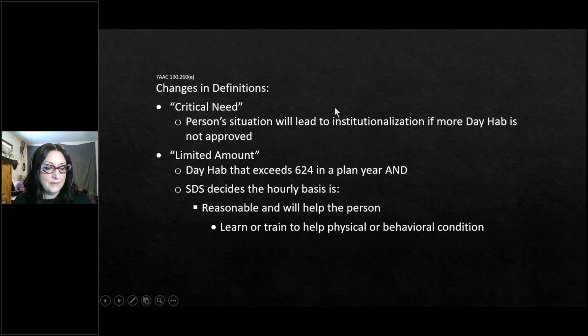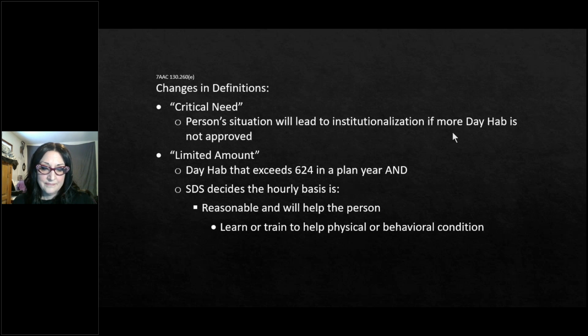And so the regulation also is more clear about definitions. So definitions, here it says critical need. So critical need is defined as the person's situation will lead to institutionalization or jail or hospitalization if more day hab is not approved. So for example, but for the service, the person would enter the institution, hospital, or jail.